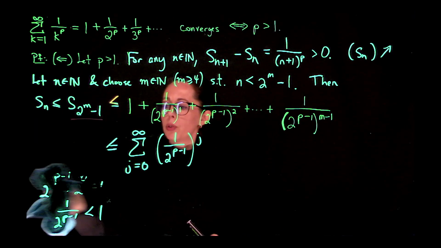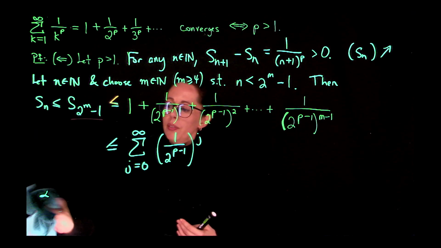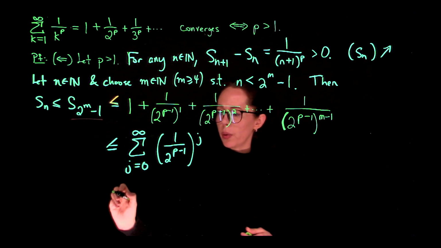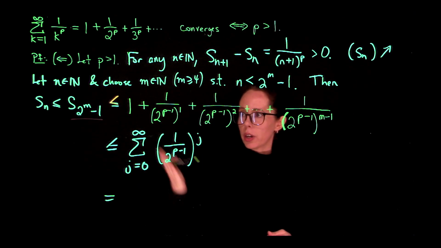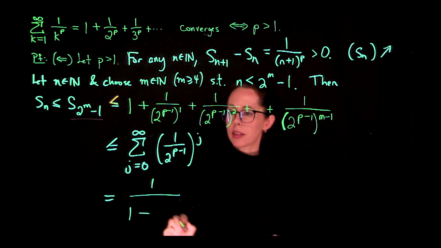And we know what it adds up to. It's going to add up to first term divided by 1 minus the common ratio. You don't even really need to say explicitly what that is, so long as you know that this is a finite number, but let's go ahead and write it down. So the first term is actually here, it's 1 over 1 minus the common ratio, so that's 1 over 1 minus 1 over 2 to the p minus 1.